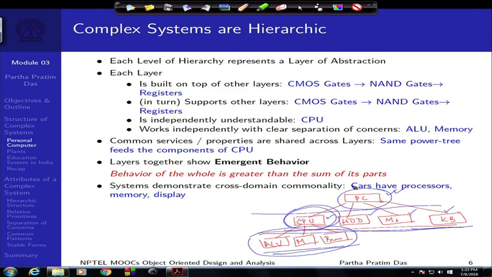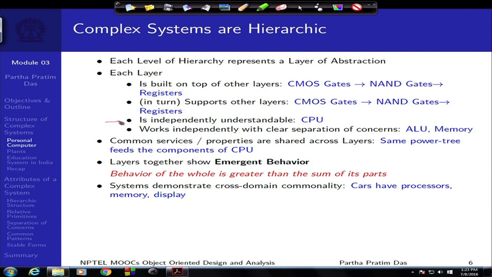So, these are just a few examples of this multi-layered structure, like CMOS gates build NAND gates, which build resistors, and so on. But in spite of all of that, the major property is that every layer can be independently understood. I can study the CPU independent of any other layer.